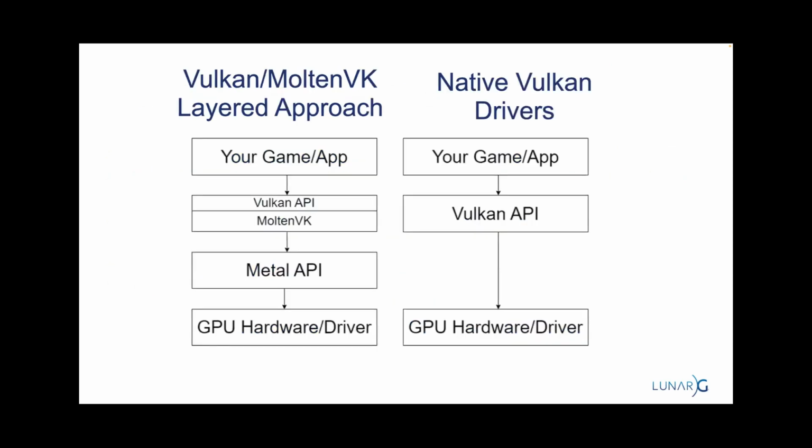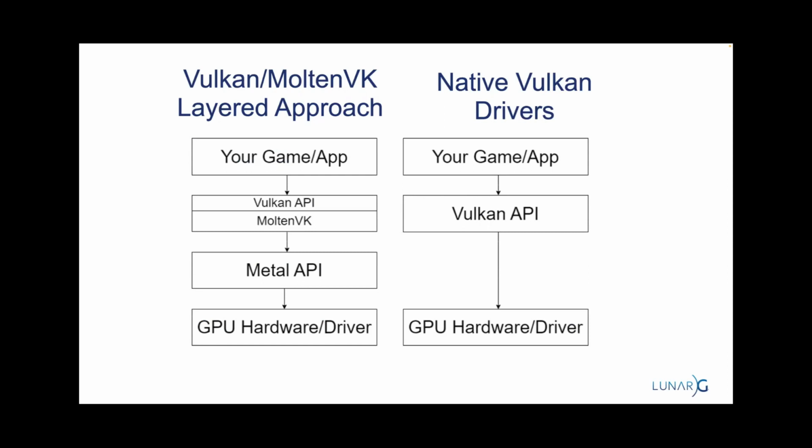It's as simple as this diagram. On the left-hand side, your game or application is going to call Vulkan. The Vulkan API is implemented by the MoltenVK layer, which is built on top of the Metal API, which is, of course, really sort of the same as the GPU hardware driver on Apple devices.